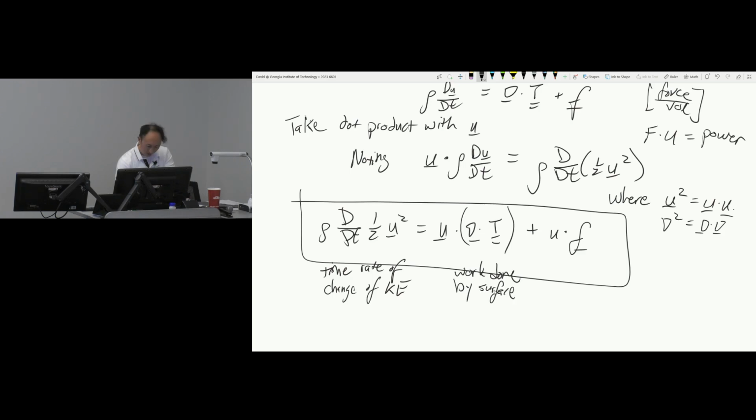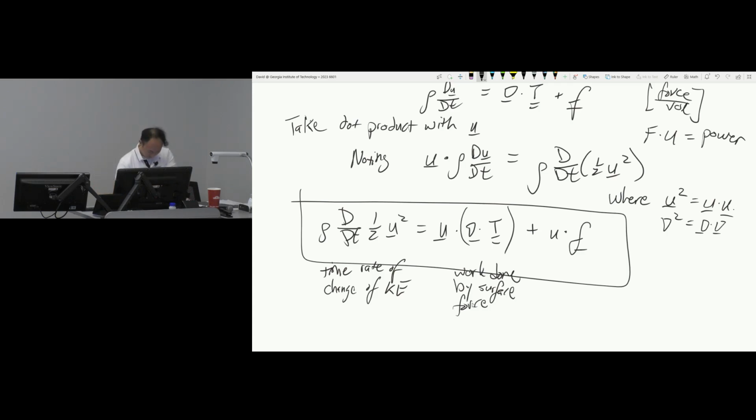Remember, T has two components: a pressure that's along the diagonal, which is only acting normally. So if you have a piston, U dot P is going to give you your expansion, contraction type changes in energy.